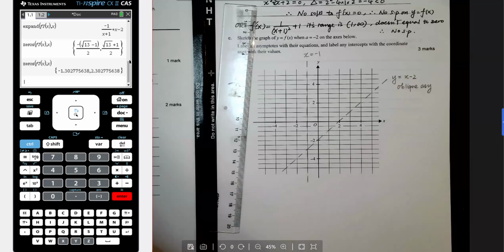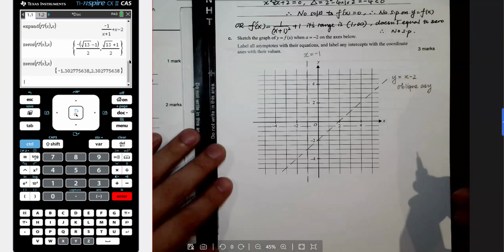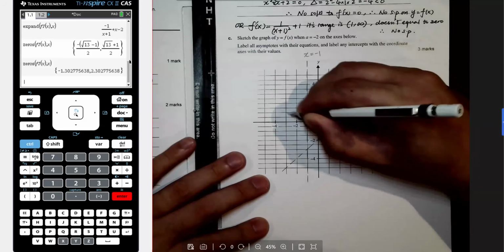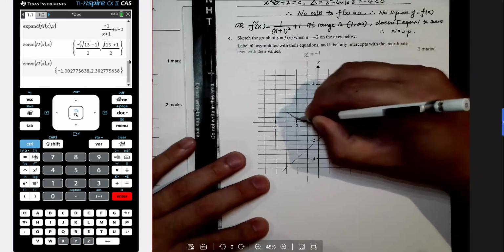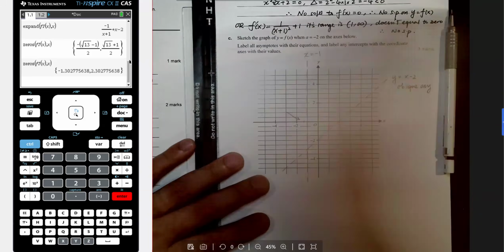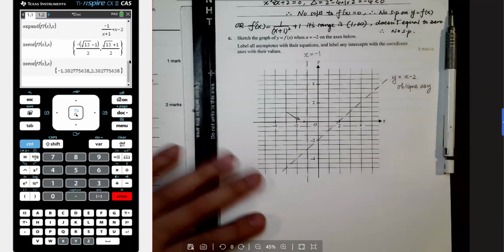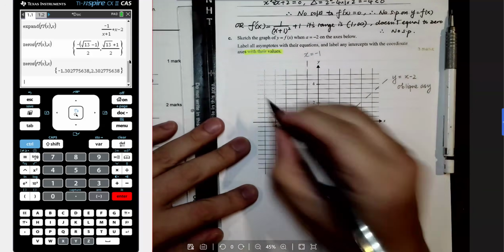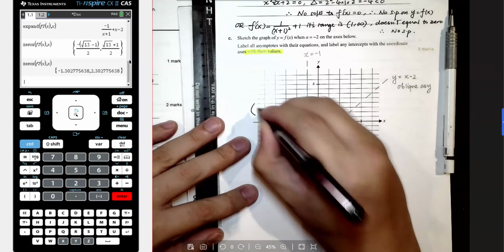We need exact values. So I'll say minus 1.3. This is minus 1.5. So maybe roughly here. Label that nicely with their values. The question says the values. I better write coordinate pairs.